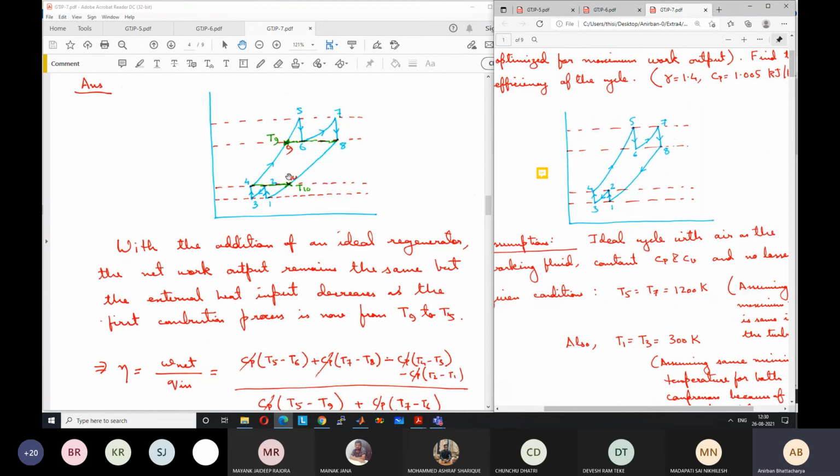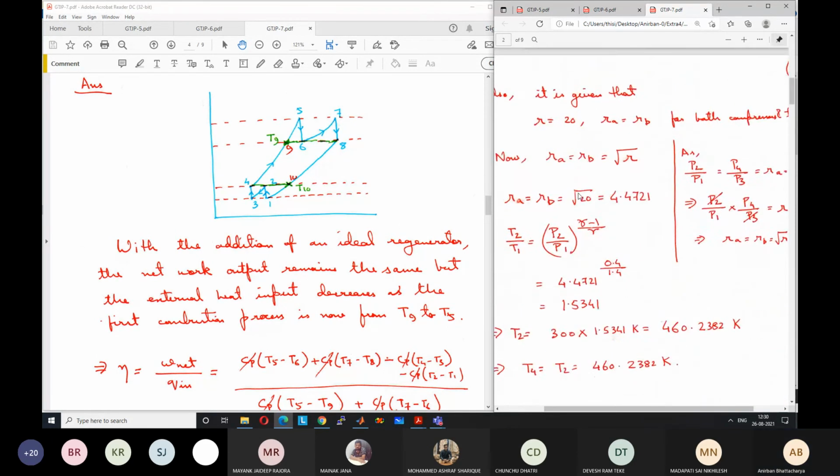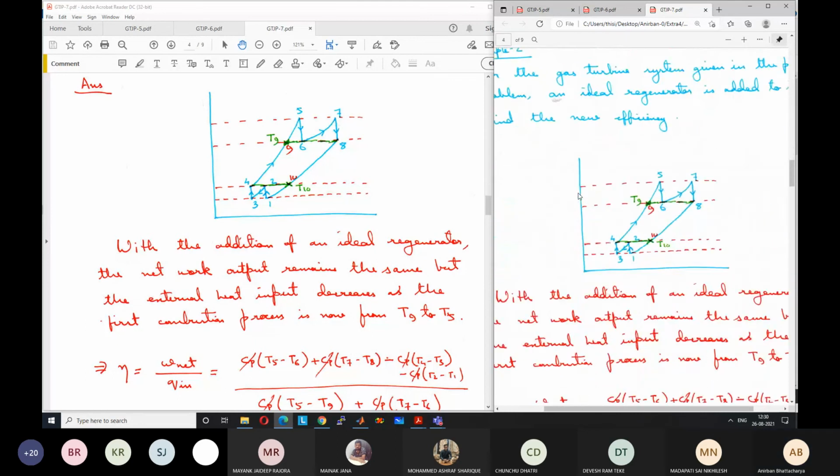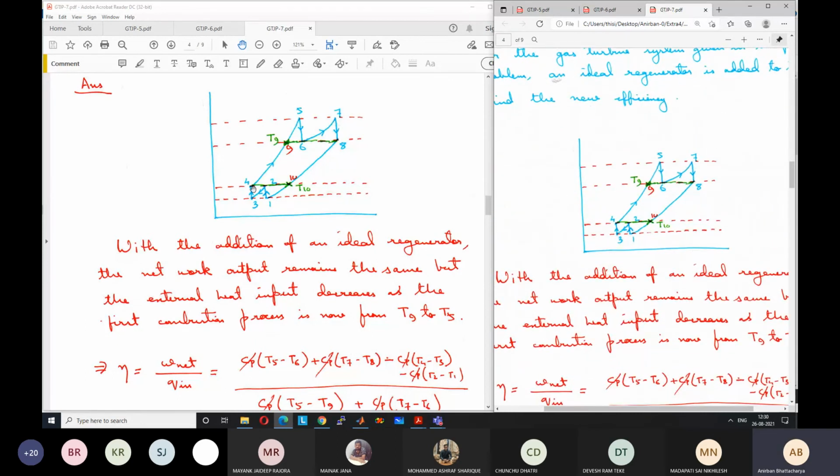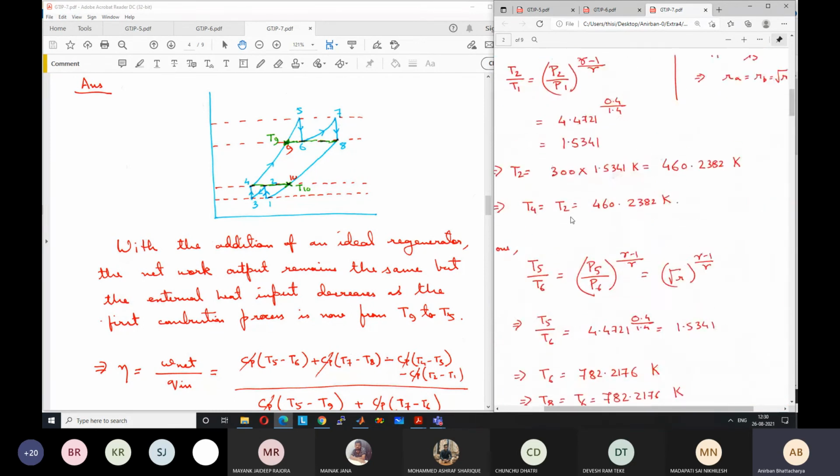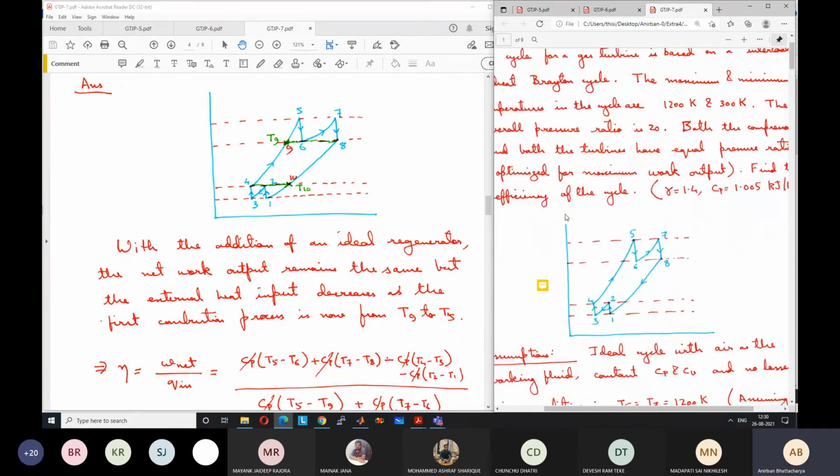With the addition of regeneration, now our cycle looks like this. I will keep the cycle open here also for the calculation. So 1 to 2 is same, 2 to 3 is same, 3 to 4 is same. Let us compare it with the previous cycle. But instead of heat addition from 4 to 5 in the combustion chamber, now 4 to 9 is the heat addition in the regenerator.